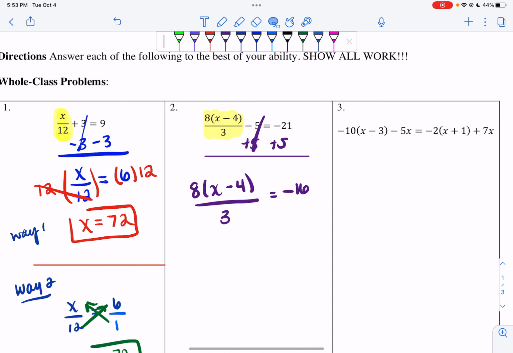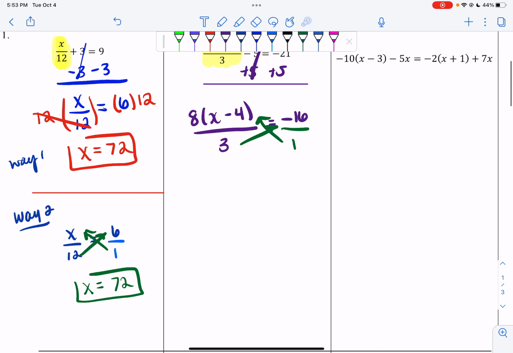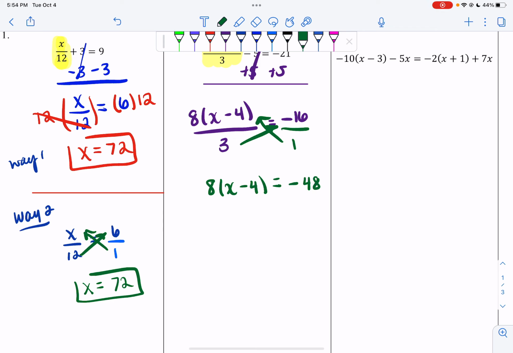Now, you can do the same thing. I can cross multiply, or I can get rid of that divide by 3 by multiplying by 3. Well, 1 times anything is itself, so I'm going to be left with 8 times x minus 4 equals -16 times 3, which is, I believe, -48.